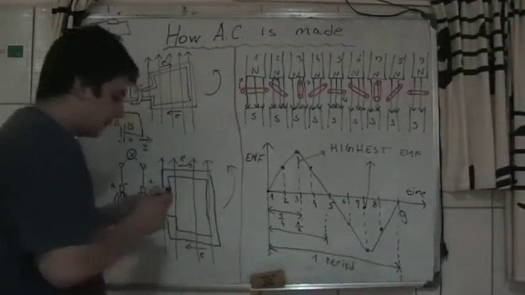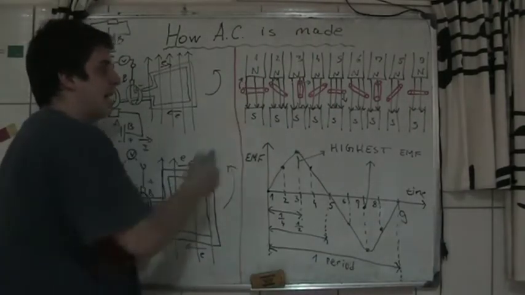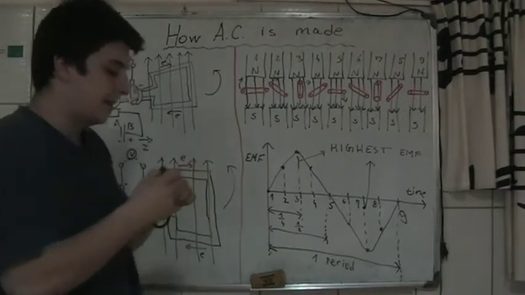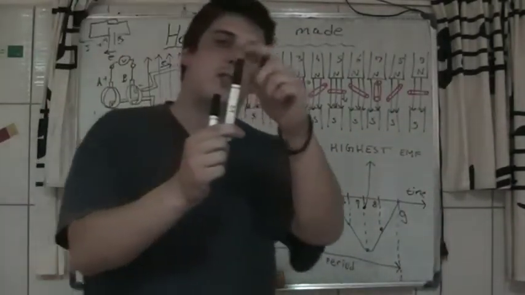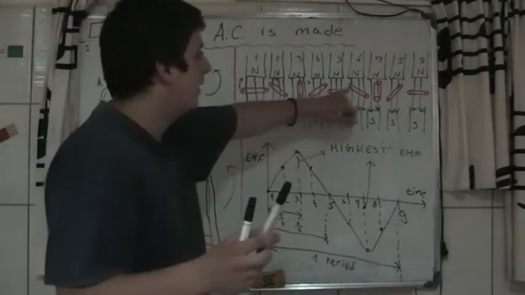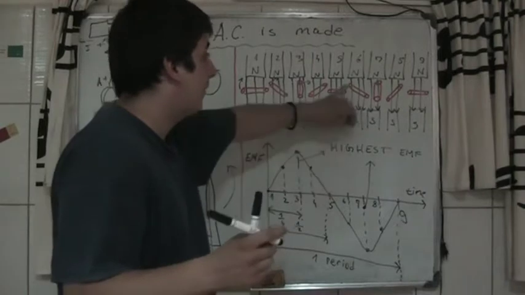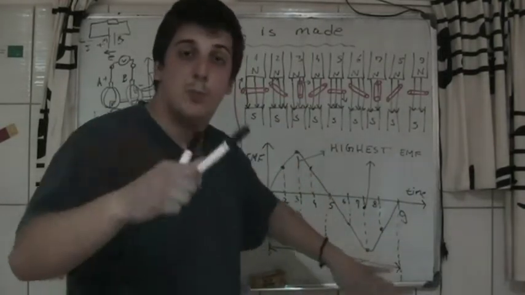For example, see this side. Let's take it that this was this side. Now the next situation is that here we are going to have the same value, but in the opposite direction.